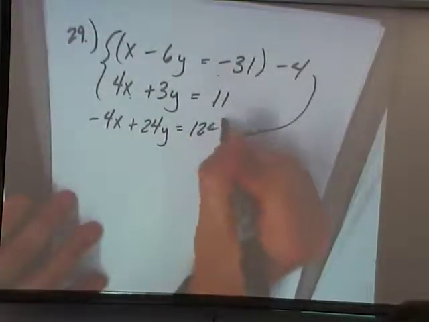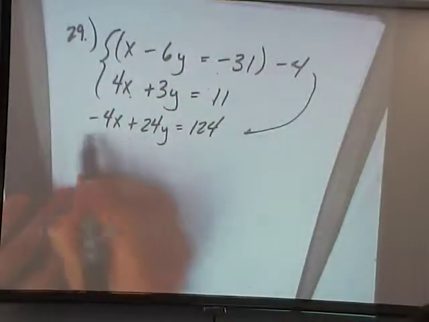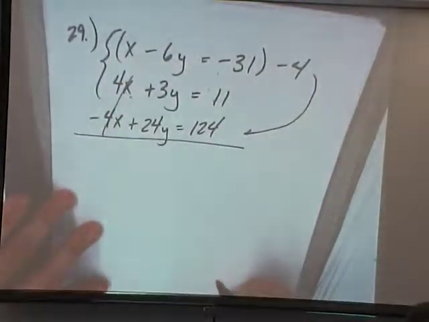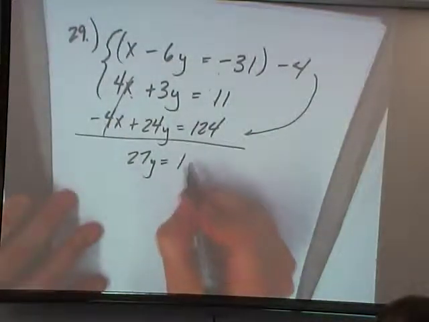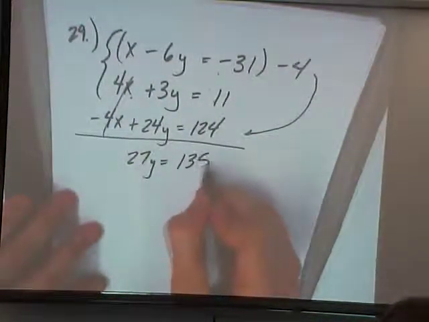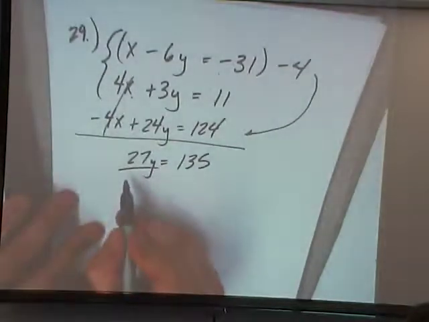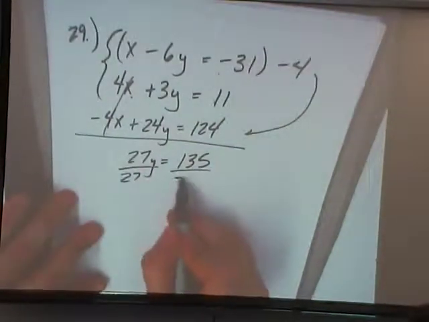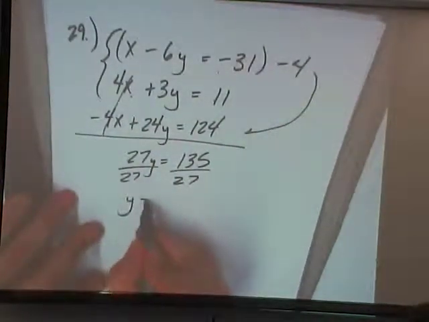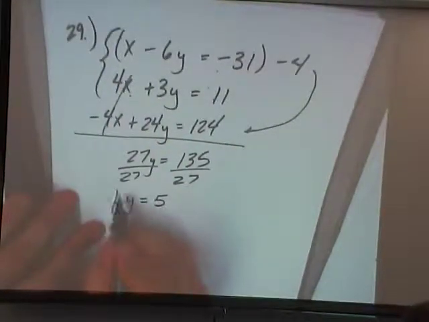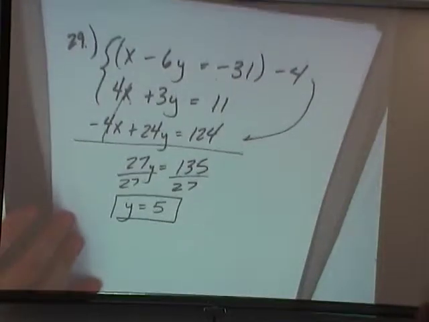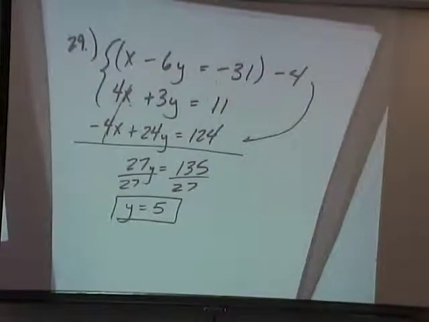Now if I add these two equations up, the x's are eliminated. I get 27y is equal to 135. Divide everything by 27. I get y is equal to 5. Good. Any questions there? Okay.